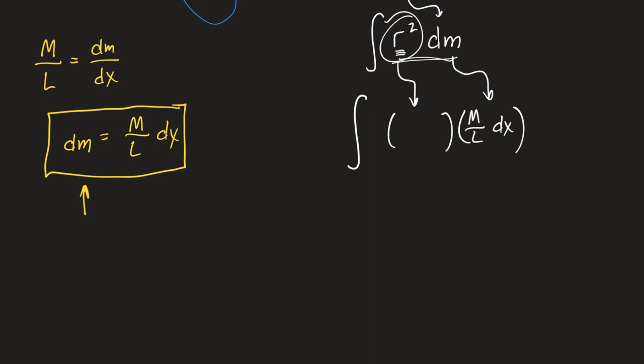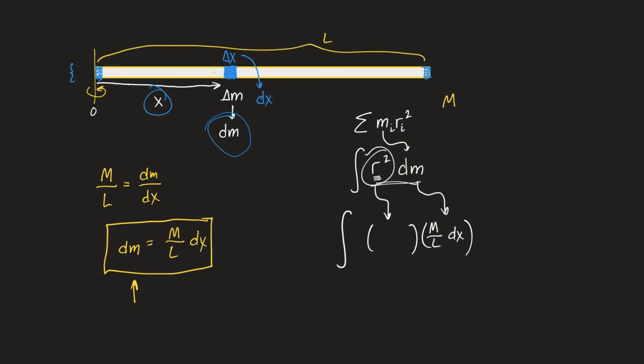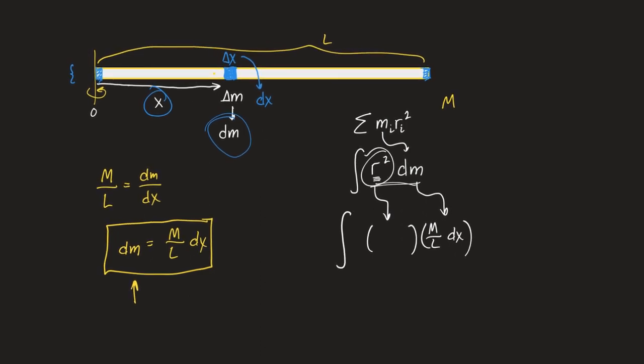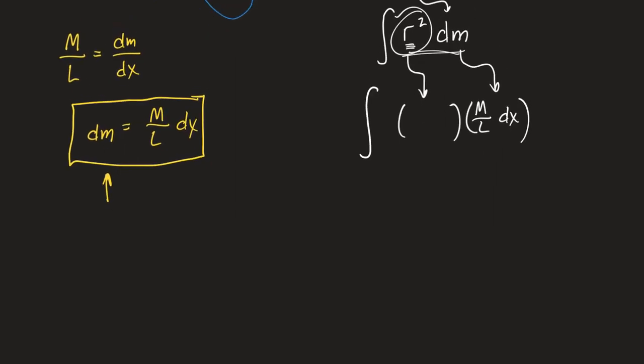Because remember, r represents the perpendicular distance from the axis to our piece of mass. And in our picture, x also represents the perpendicular distance from the axis to our piece of mass. So we're going to replace r with x squared.